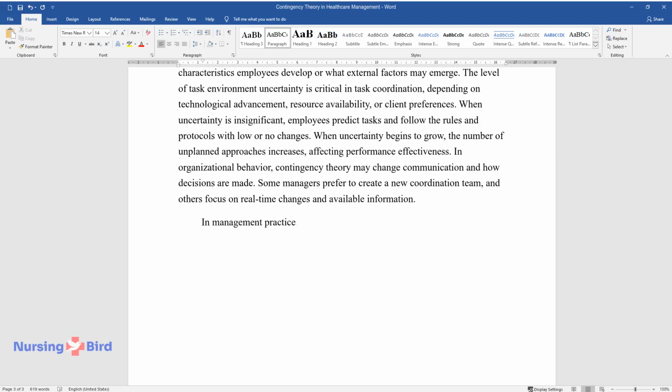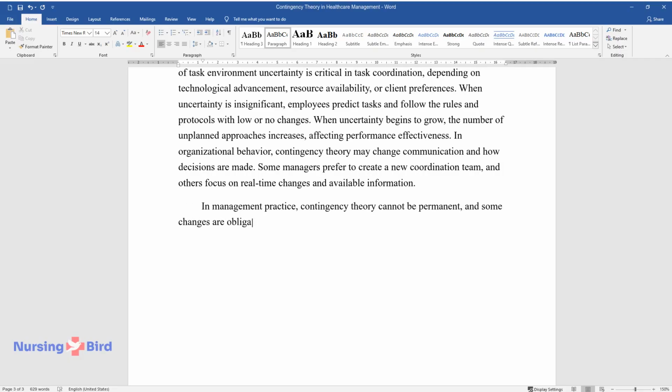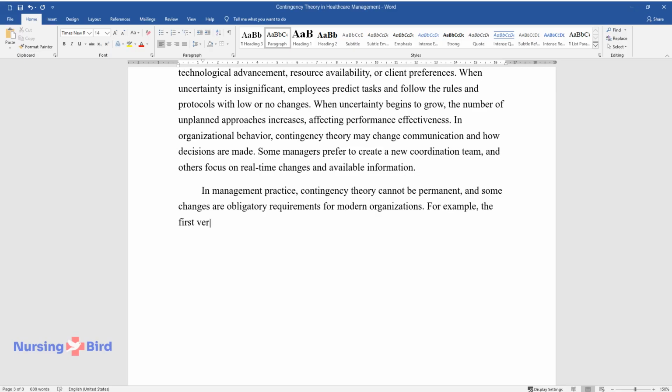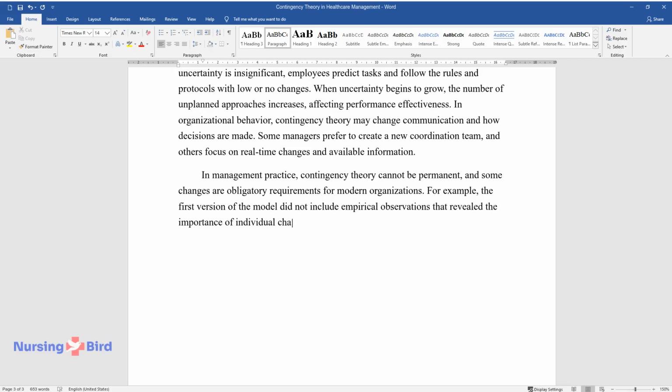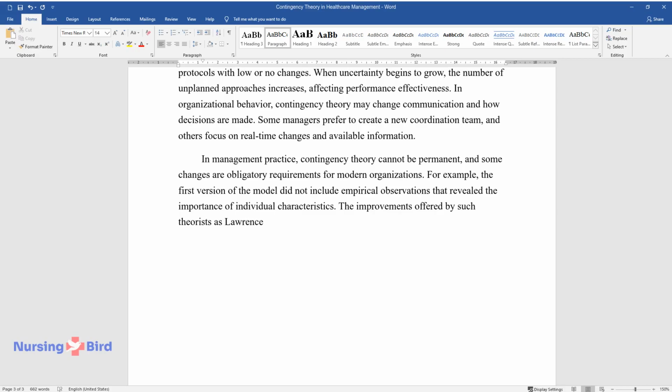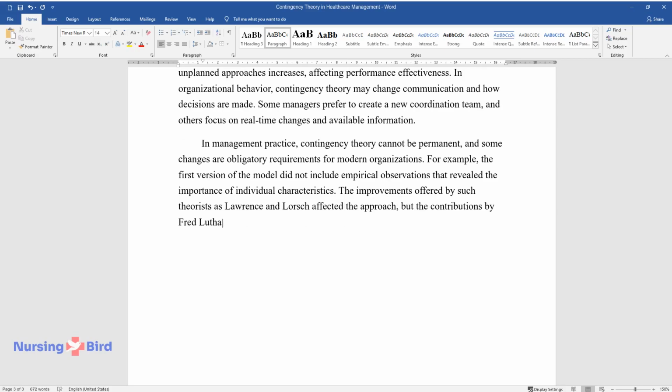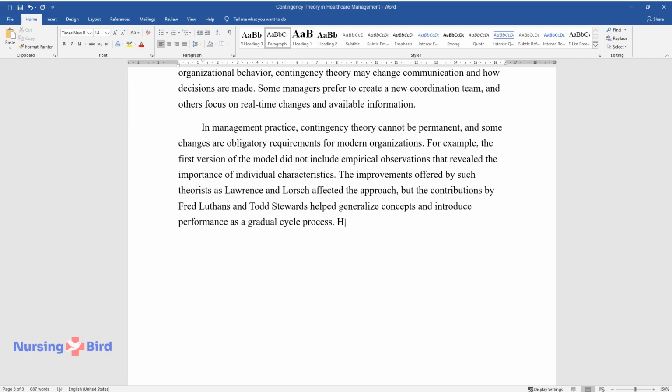In management practice, contingency theory cannot be permanent, and some changes are obligatory requirements for modern organizations. For example, the first version of the model did not include empirical observations that revealed the importance of individual characteristics. The improvements offered by such theorists as Lawrence and Lorsch affected the approach, but the contributions by Fred Luthans and Todd Stewart helped generalize concepts and introduce performance as a gradual cycle process.